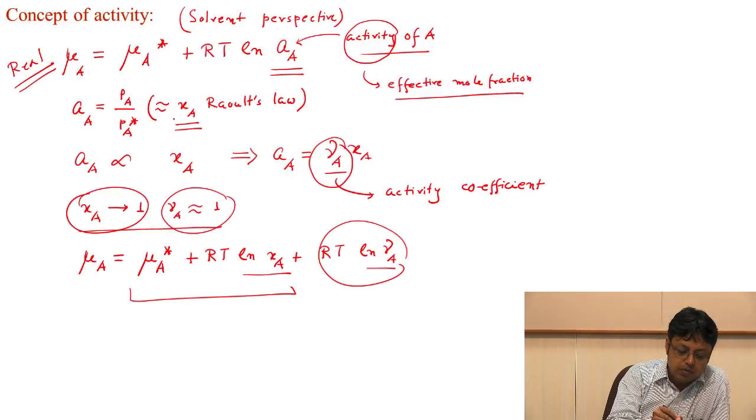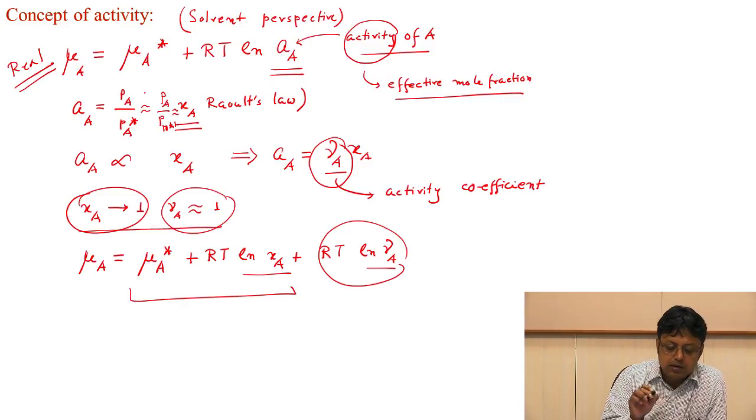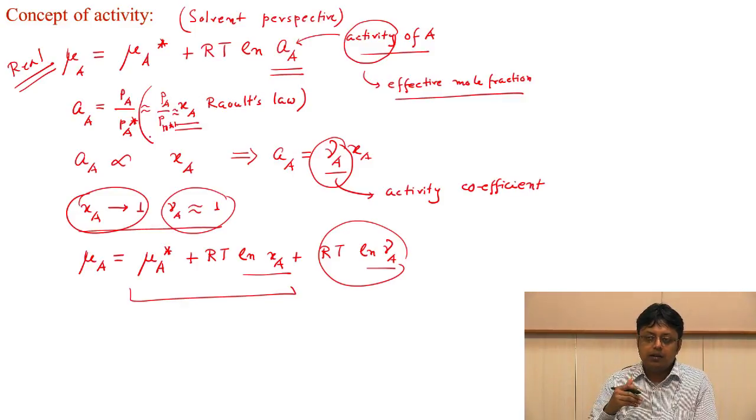We could write one more line here, that PA by PB was taken to be PA by P total, which is the mole fraction. So that is basically Raoult's law here. And now we introduce activity that will explain everything for the real solution.